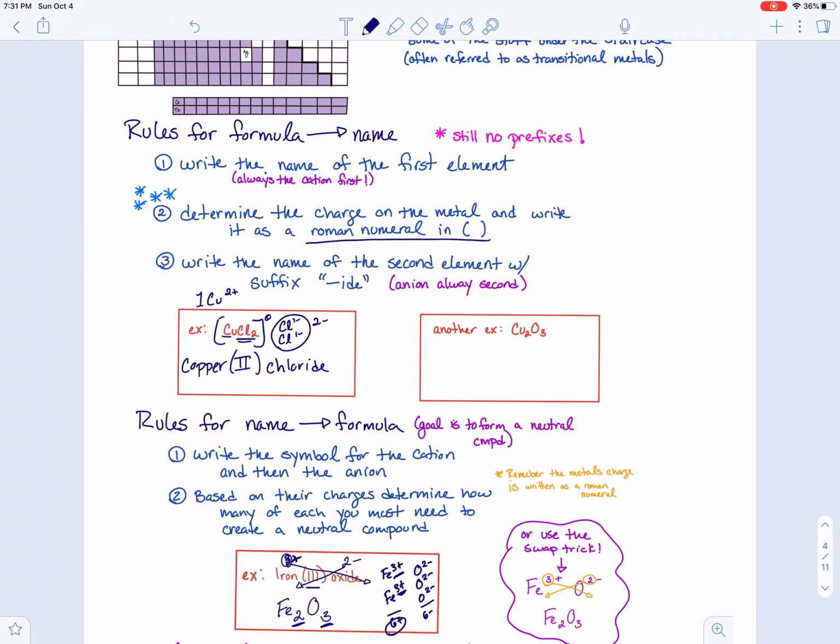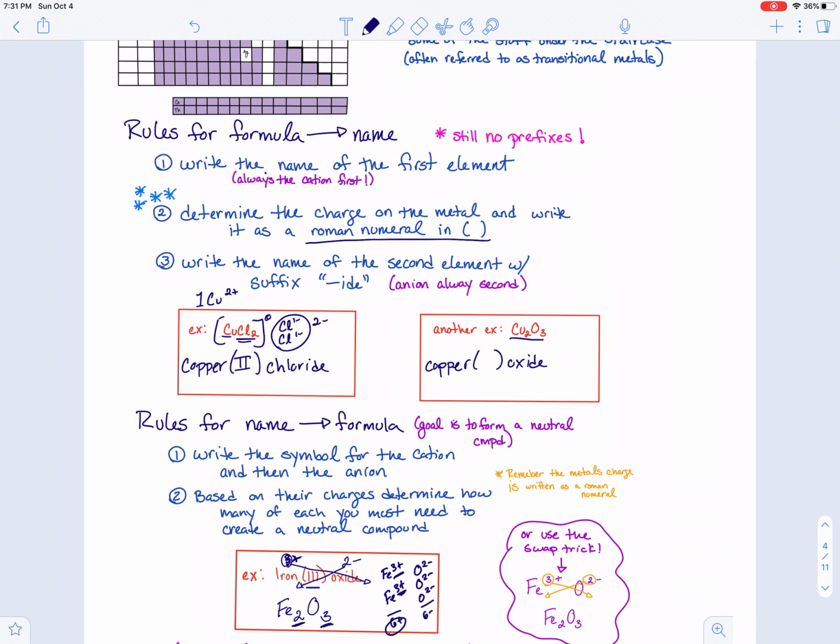All right, so let's do it again. Let's look over here at this one. I'm pretty sure I just made it up, but we've got a copper oxide. So this is going to be copper something charge oxide. Now, in this case, I have 3 oxygens, and I know that each oxygen has a 2 minus charge. So that means that there's a total of 6 minus charge in this whole thing.